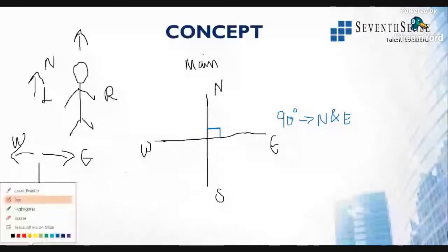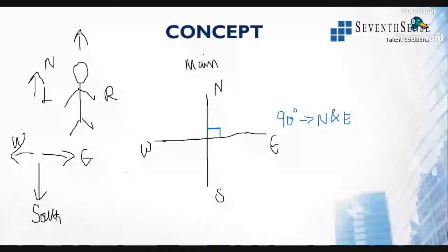Apart from this, we have four more directions, that is the directions between main directions. The direction between north and east becomes northeast. The direction between north and west becomes northwest. The direction between south and west becomes southwest, and the direction between south and east becomes southeast.